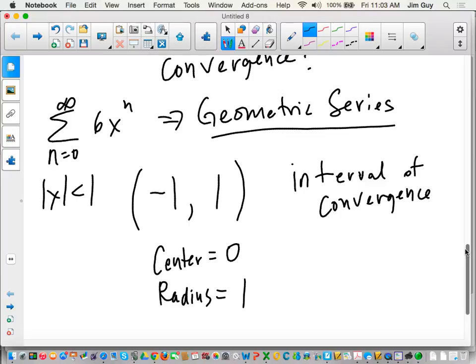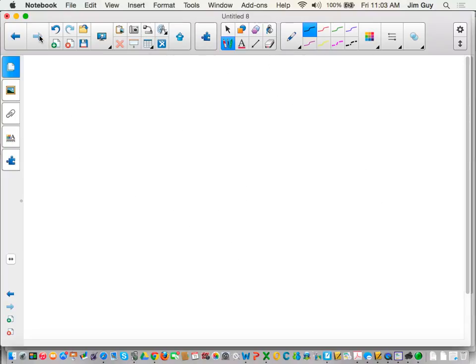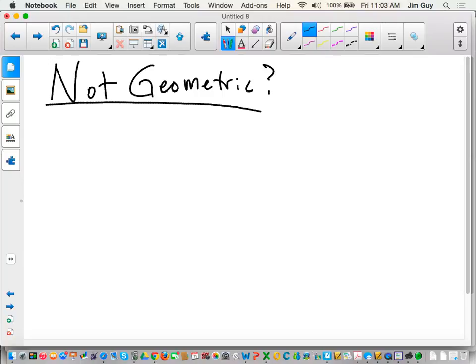As you can imagine, most of them will not be geometric. We've had all those other kinds of series. So, not geometric: always use the ratio test to determine the interval of convergence.